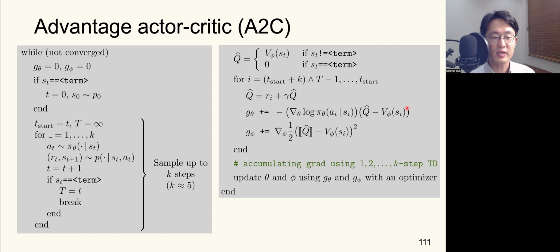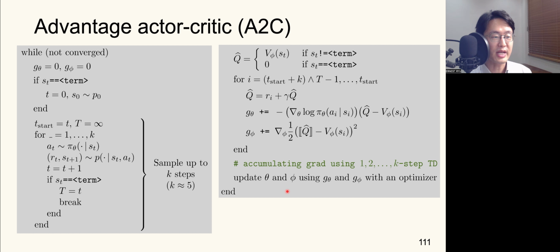The specific mechanics are done in a cutesy way, with a backwards index loop, and this Q hat is accumulated in a backwards recursive way. But the point is that we're accumulating a k-step TD policy gradient estimate. We're also fitting the value network to the Q hat target as well. Then we pass these gradients through an optimizer, and that performs a parameter update.